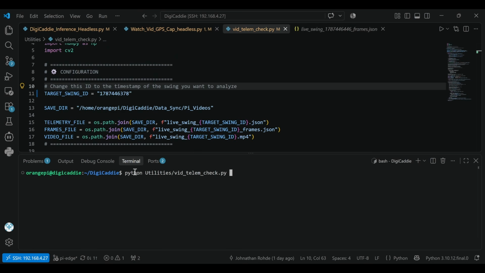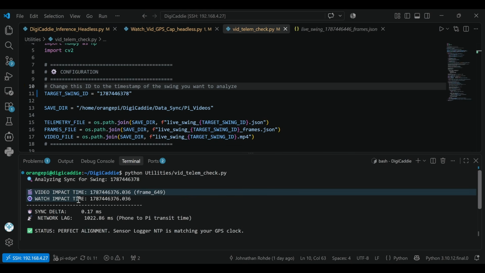So when I run this test script, it is looking through the image frames and their timestamps, and then the watch data and its timestamps, and then it is synchronizing the two to find the specific impact zone that relates to both the watch and the video.